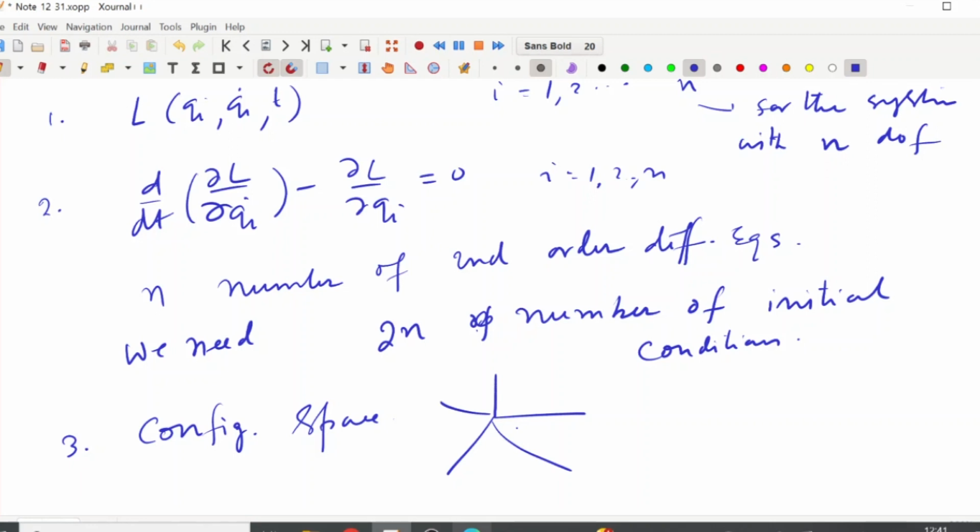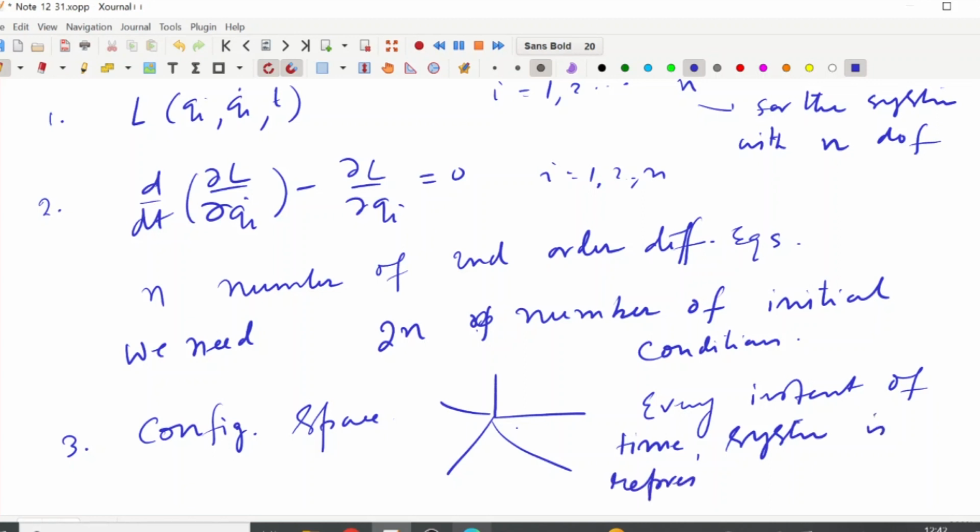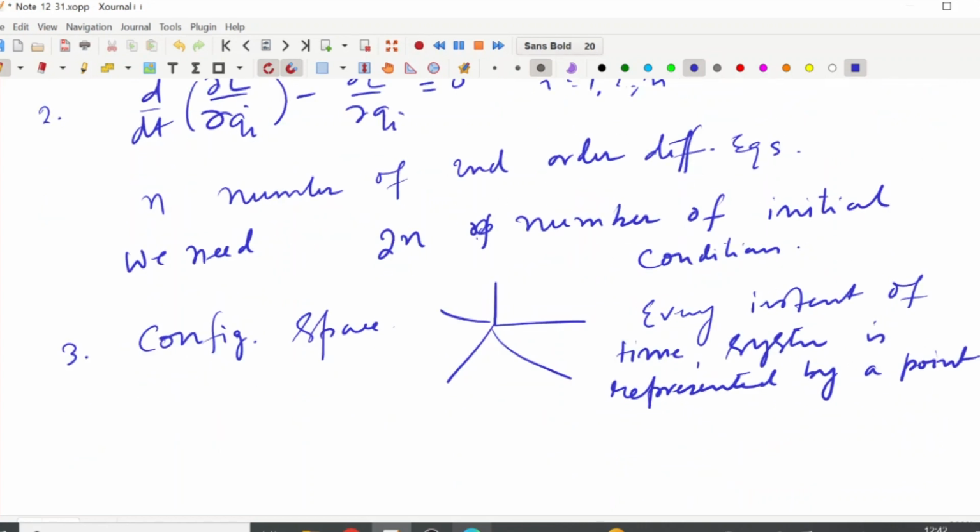At every instant of time, the system is represented by a point in the configuration space.